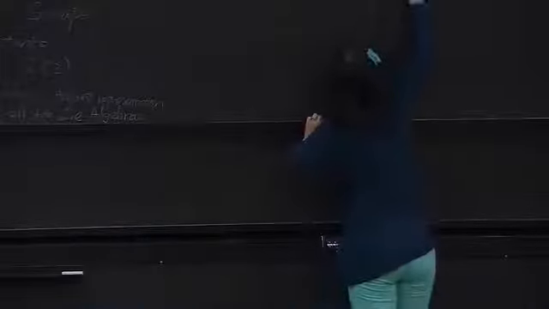So it's probably a great idea here to introduce what a group really is. Okay, so the formal definition of a group is that it is a set G with a binary operator.